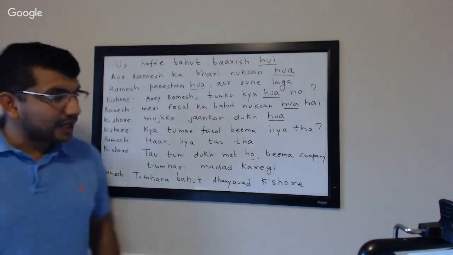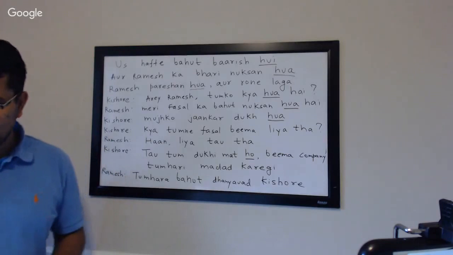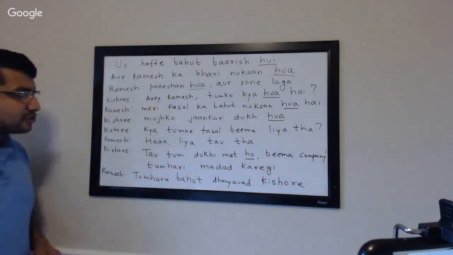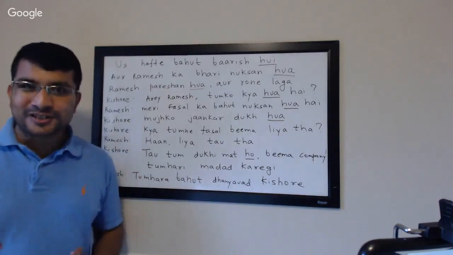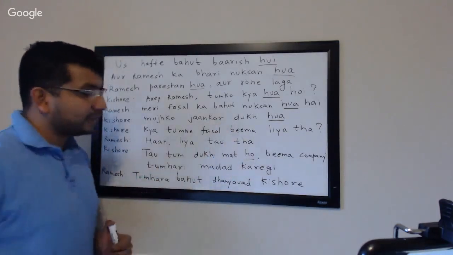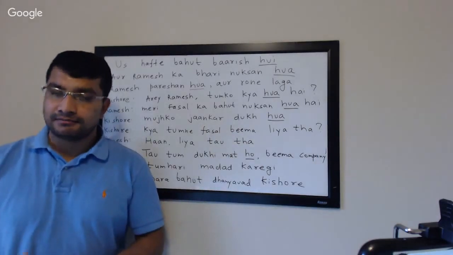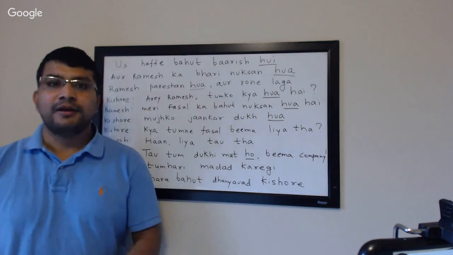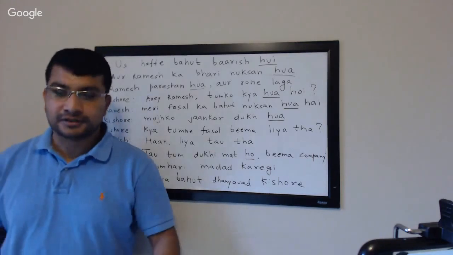Okay? So it was a bit difficult. Lots of use of Hona, Hua. Okay. I'm going to open it up for any questions. So first question is, what is Jankar? Okay. So very good question. Remember, there is use of kar here. The two verbs are getting added. Janna, it's to know. And when you're putting Jankar, you're saying after knowing this.